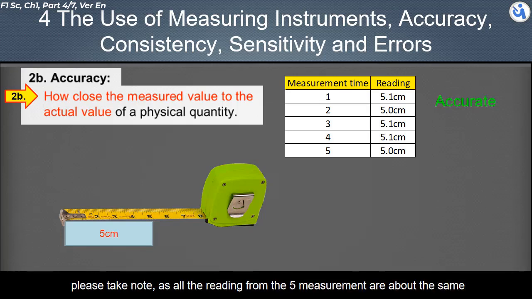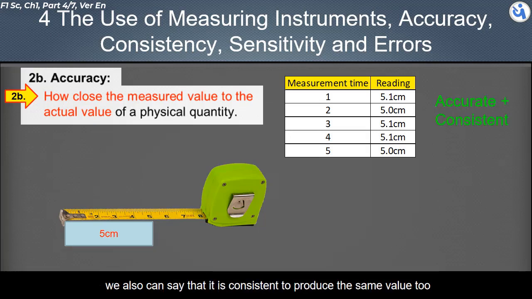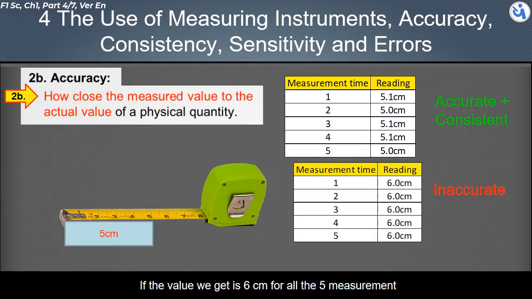Please take note, as all the readings from the 5 measurements are about the same, we can also say that it is consistent in producing the same value. If the value we get is 6 cm in all 5 measurements, it will be inaccurate. But please take note, since the system is able to reproduce the same value, we can say it is a consistent measurement system.